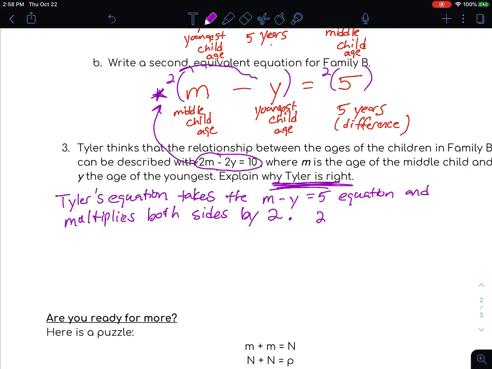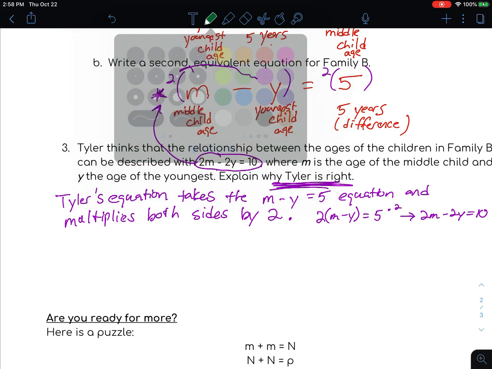In other words, 2 times m minus y equals 5. We multiplied both sides by 2. In fact, on this other side, I'll just multiply by 2 separately. So 5 times 2. And then that will give us 2m minus 2y equals 10. And if I divide everything by 2, I get back to the original one. All right, so an equivalent equation can be done if you do the same thing to both sides of the equation, then you can get an equivalent equation.